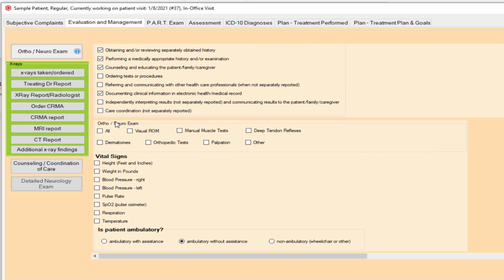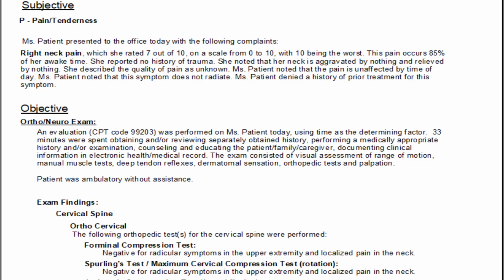And then, of course, what I'm going to do is start doing my actual exam and documenting from there. Well, I'll show you what this looks like in my SOAP note. Okay, so this is what it would look like in my actual SOAP note. So under the orthoneuro exam, I'll read it for you.